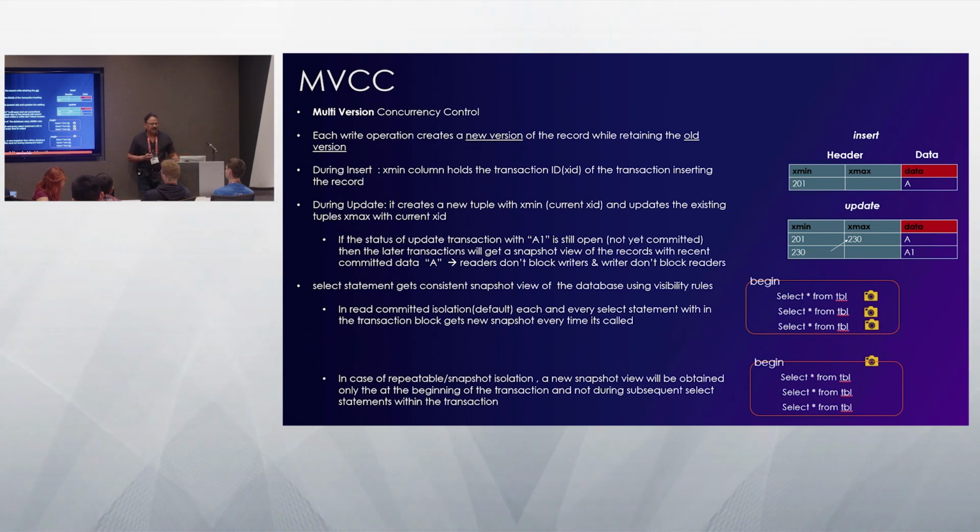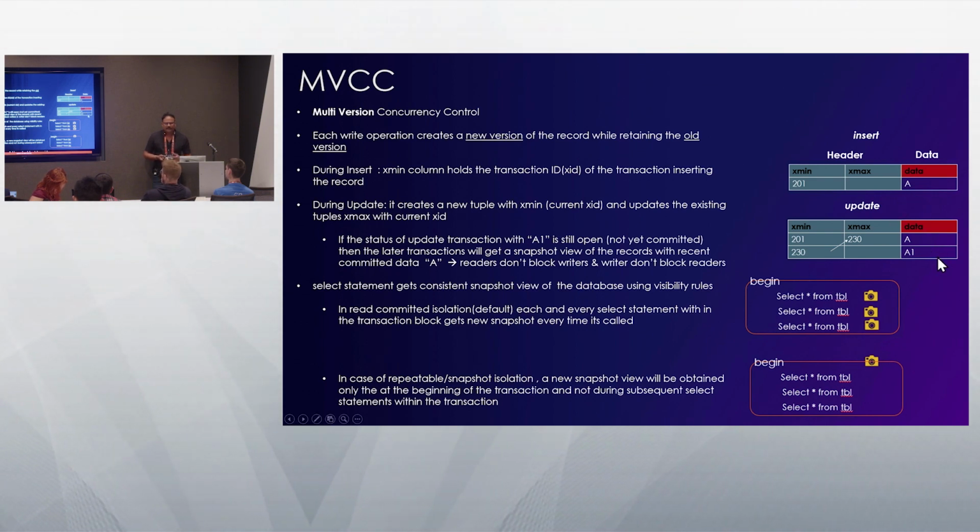So you can find which records were inserted into these tables without getting updated by checking whether xmax is equal to null. If the xmax doesn't contain any data, that means it's new data. Okay? And let's assume that I'm updating this record A to A1. Okay?